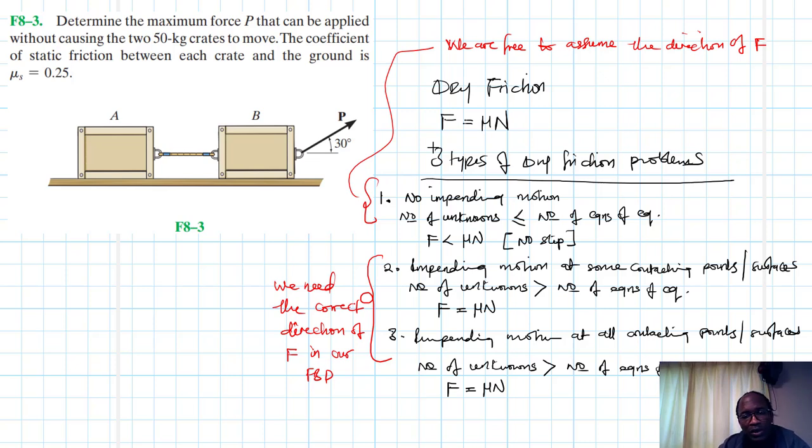Instead, it is the opposite. So only in case one do you have the freedom to assume. But in problems 2 and 3, we don't have the option. We need to assume the right direction. So basically these are the three types, and in short this is what we're going to do for all the problems we're going to solve in this chapter.